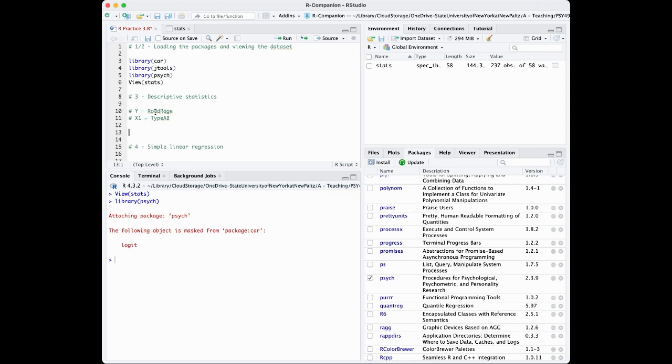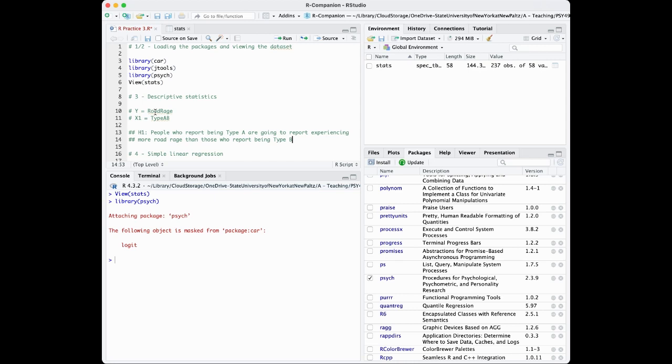So my hypothesis, I'm going to call this hypothesis 1, is that people who report being type A are going to report experiencing more road rage than those who report being type B. Okay, so that's my first hypothesis.